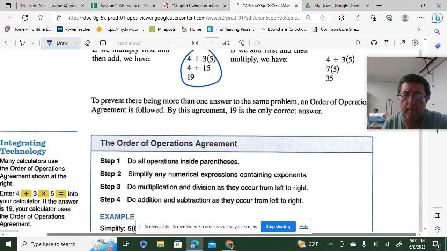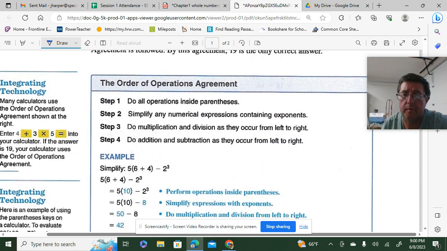Okay, so we're going to read on the order of operations agreement. Step 1, do all operations inside parentheses. Now, if you have brackets outside the parentheses, that's considered parentheses, but usually you do what's on the inside parentheses first.